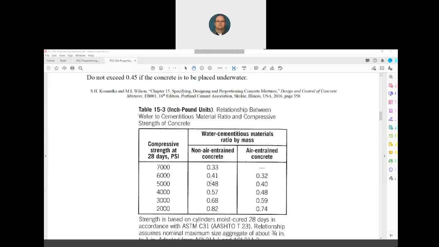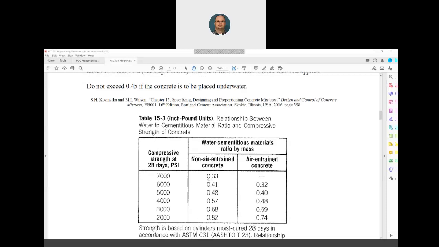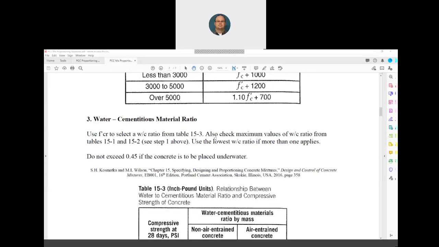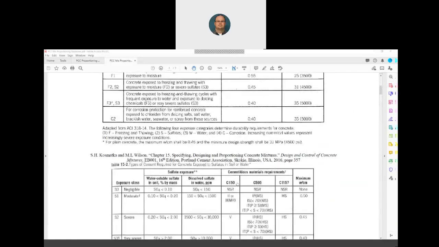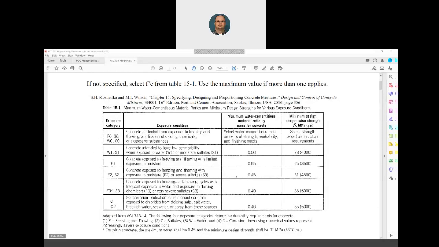So first of all, you look at what the water cement ratio is based on your f'cr. Also check maximum values of water cement ratio from tables 15.1 and 15.2. Depending on my category, this also gives me a water cement ratio recommendation.